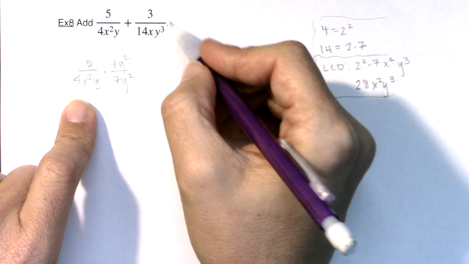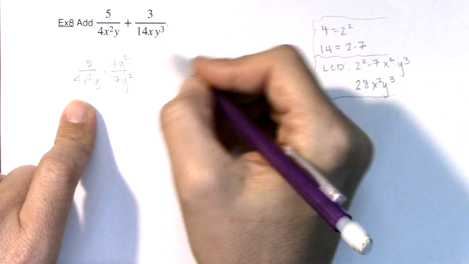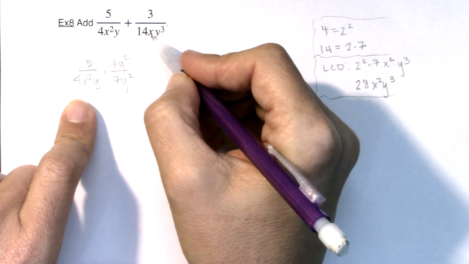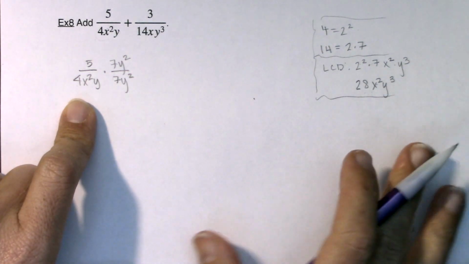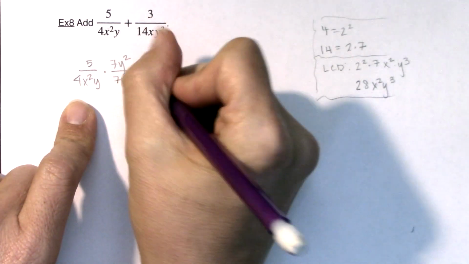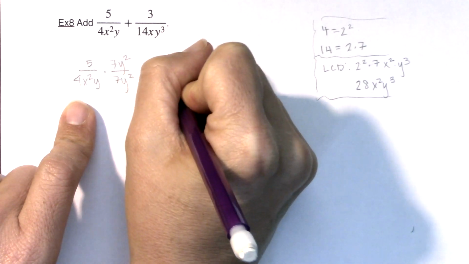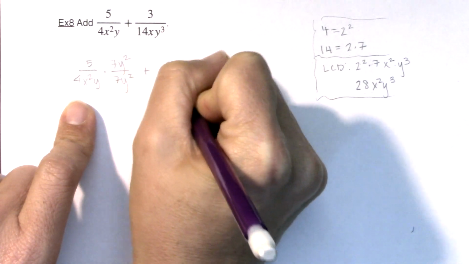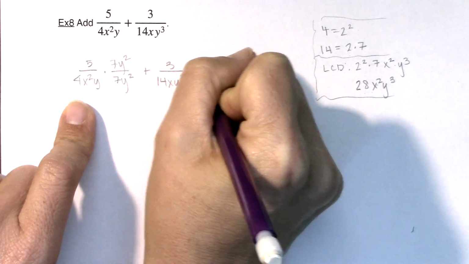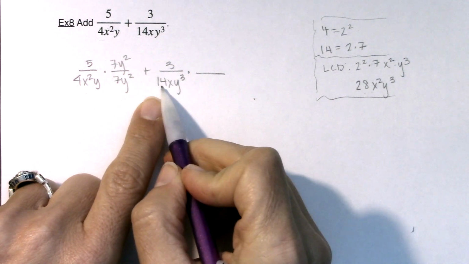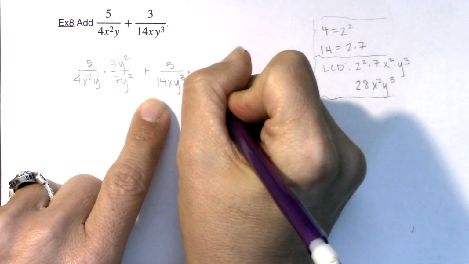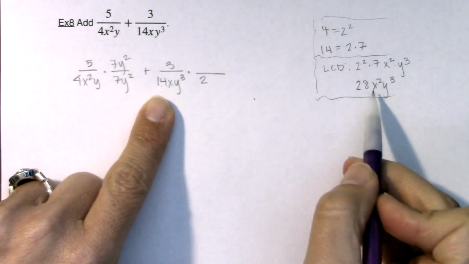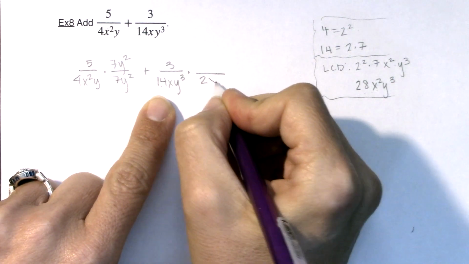So then let's figure out what we need to multiply this second fraction by to get its denominator to also look like the least common denominator. So I'm going to put plus, and we had 3 over 14xy cubed. What do I need to multiply by? To get 14 to become 28, I'm going to need a 2. To get x to x squared, I'm going to need an x.